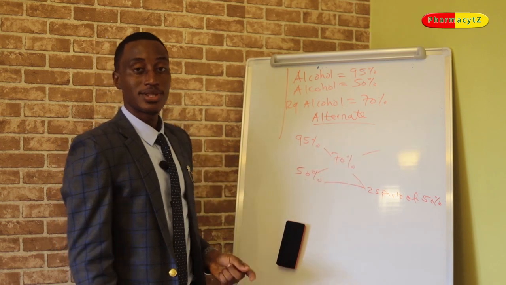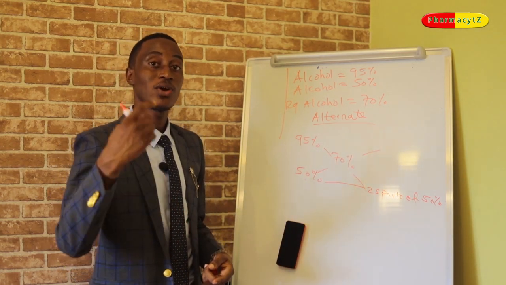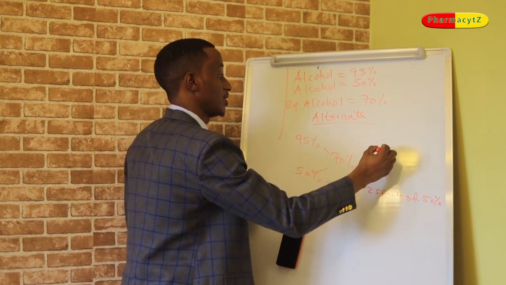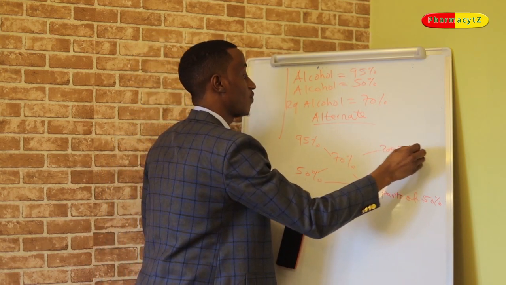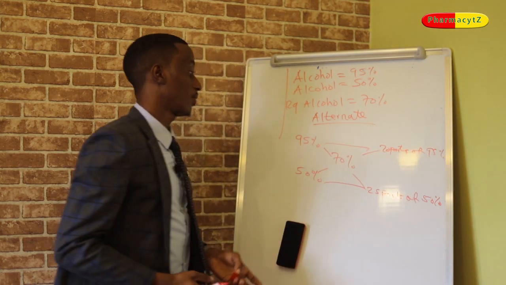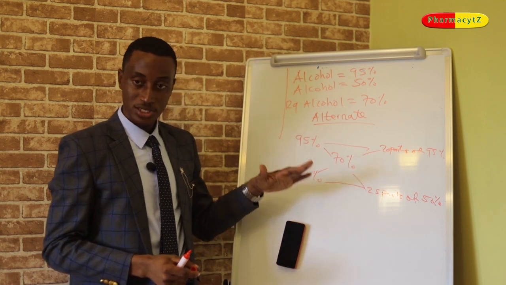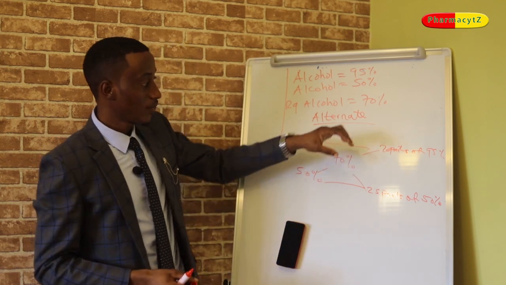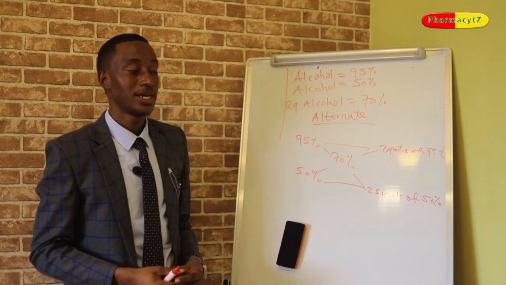Then you do the same on the other side. This is 70 minus 50 or 50 minus 70, and we have no negative in this sense. This is 20 parts of 95% alcohol. Having done this, from this point downwards, you are going to consider nothing but the number of parts obtained.